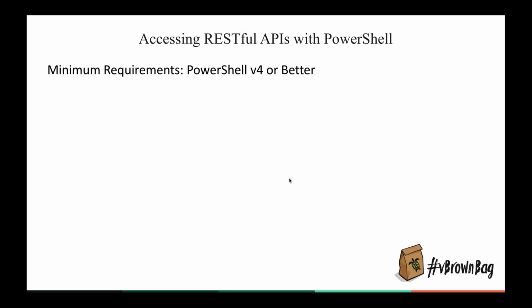Bare minimum, to get started consuming RESTful APIs with PowerShell, you do have to have PowerShell version 4 or better. This is one thing I should also mention: technically PowerShell Core is still a beta at the time of this session.